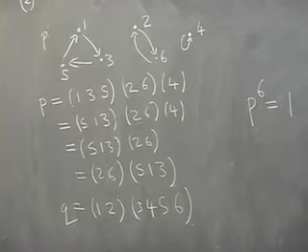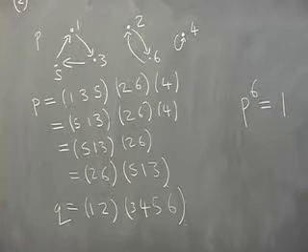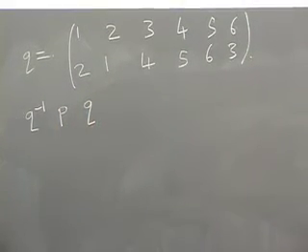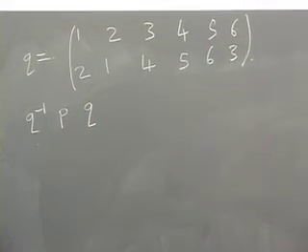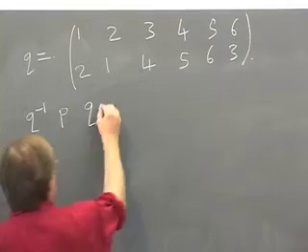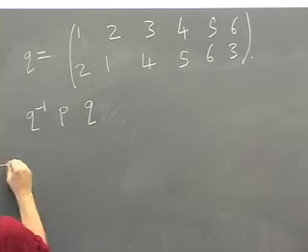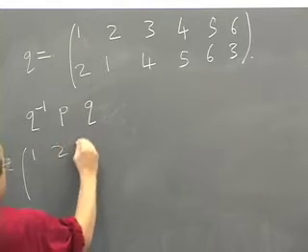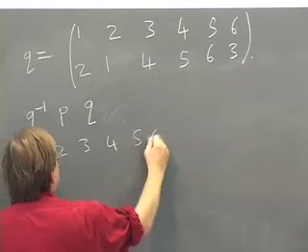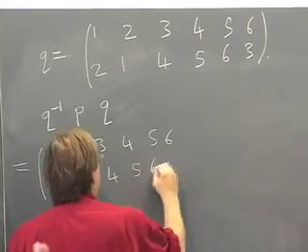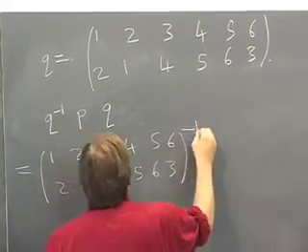Okay, well, the next thing I want to do is calculate the product Q inverse times P times Q. So let me write that. 1, 2, 3, 4, 5, 6 over 2, 1, 4, 5, 6, 3, inverse.